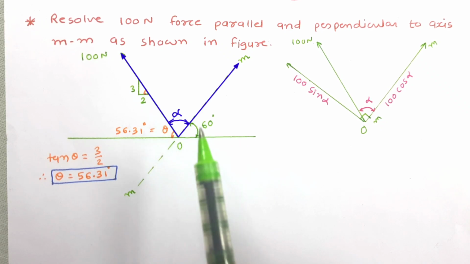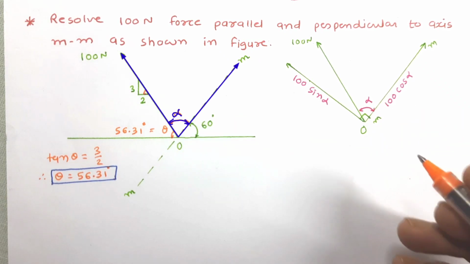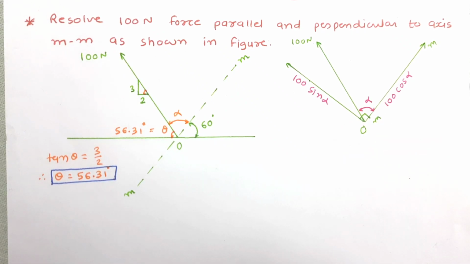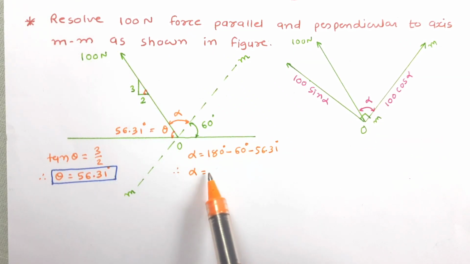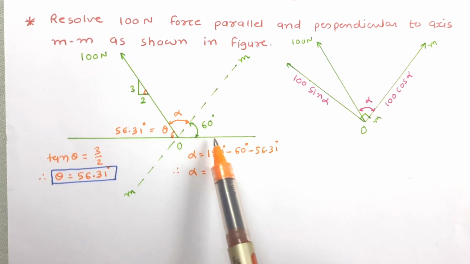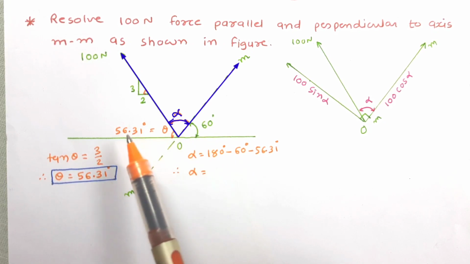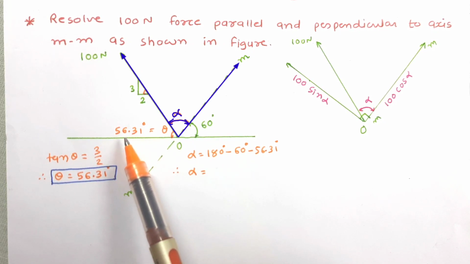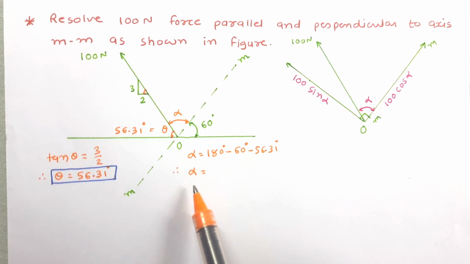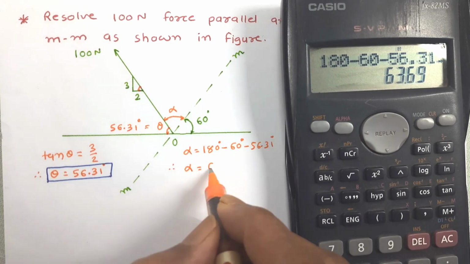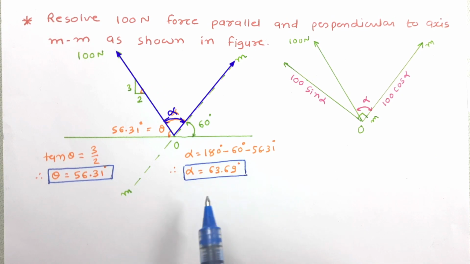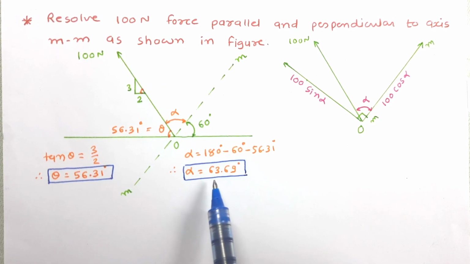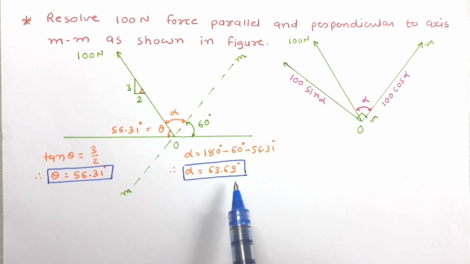So we can work out this angle, which is the required angle alpha. So alpha will be equal to total angle 180 minus 60 minus 56.31. So let us work out the value of alpha. So we have got the value of alpha, that is 63.69 degrees.